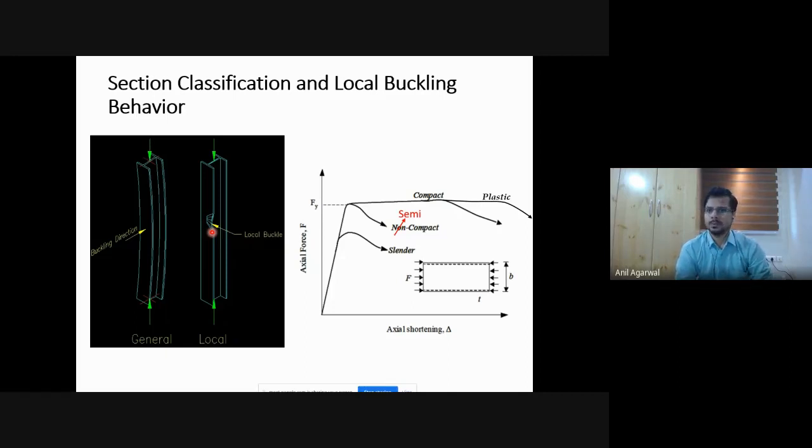So for that purpose, let me give you a hypothetical case. And remember that this is a hypothetical case. This is not how the provisions work. But let's say those who are writing the codes wanted everybody to design columns in such a way that columns would only fail in yielding and not fail in buckling.